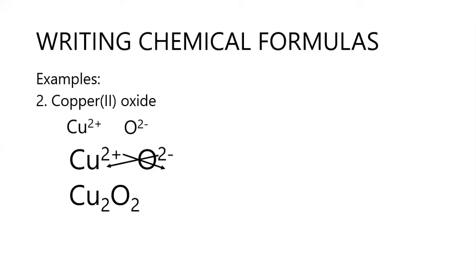And sabi doon sa last step, kailangan natin siyang i-simplify. So we divide both atoms by number 2, by 2, so that's CuO. So the formula for copper 2 oxide is CuO.